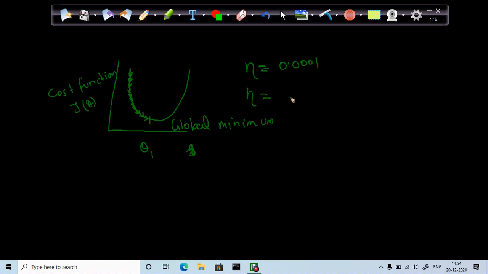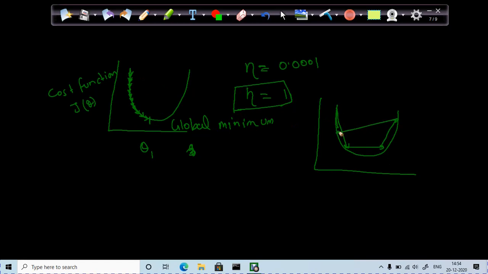And if I take the value of the learning rate eta very large, then the algorithm will take bigger steps and it will overshoot the global minimum, and it will move further and further away from the global minimum point.